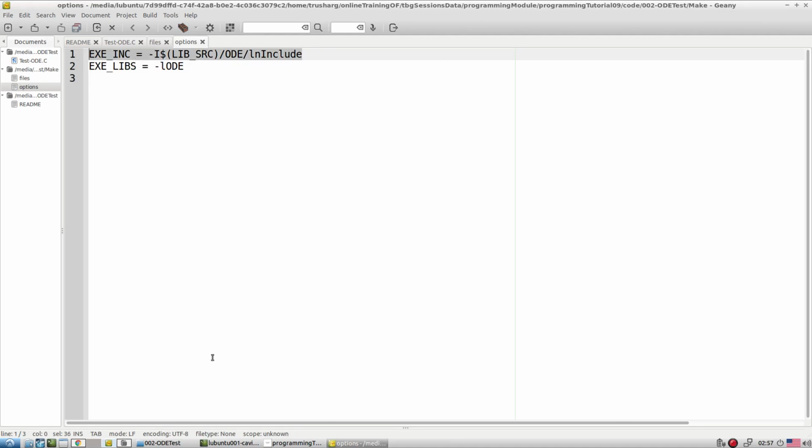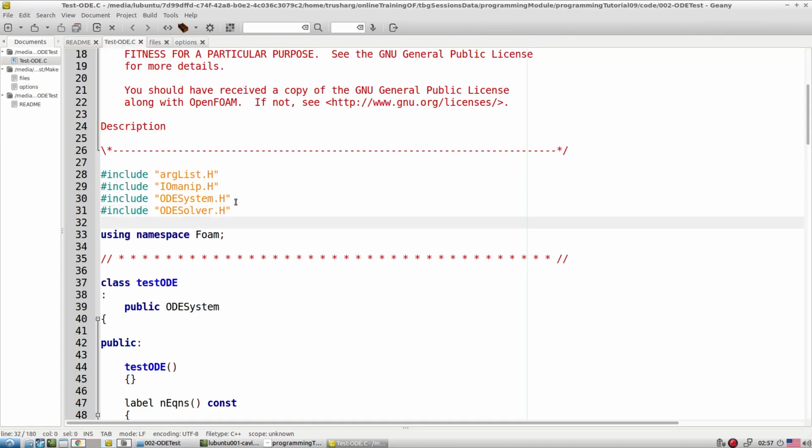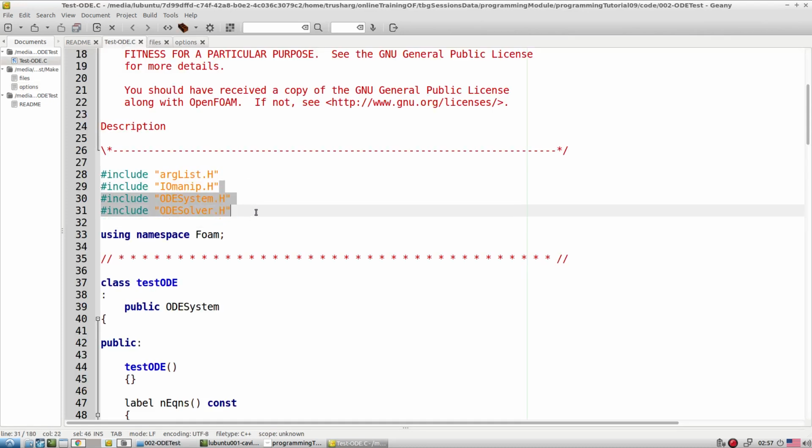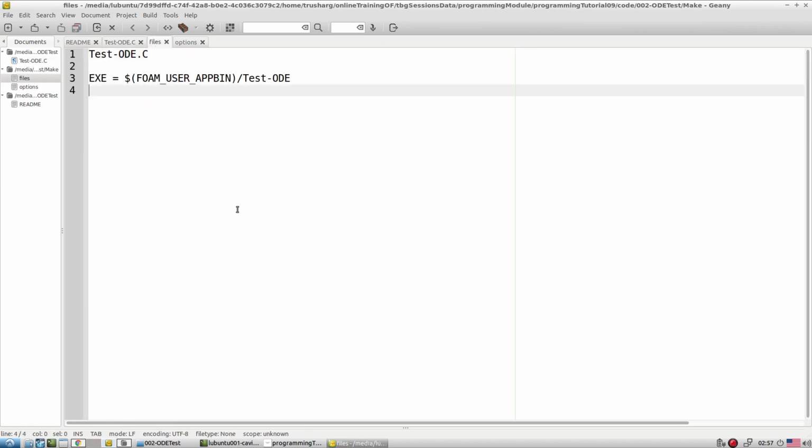With the help of that, whatever solvers and .h files are needed are in line with our solver. And here the test ODE.c file by default goes to the user area application bin.